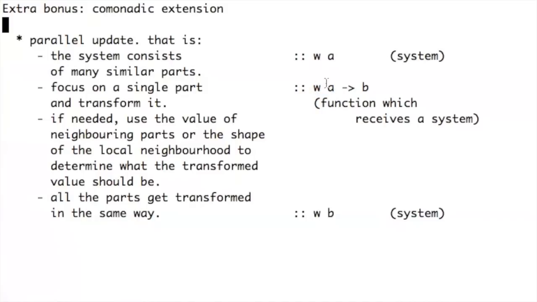It wouldn't really make much sense if we had a system and a function from that very same system to a value. It would make sense to have a fancy system like comonadic extension in order to do something with it, because we could just apply the function to the system. But that's not what's being done here. We're not receiving exactly this system.